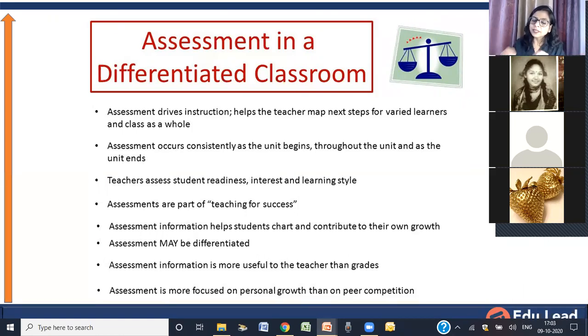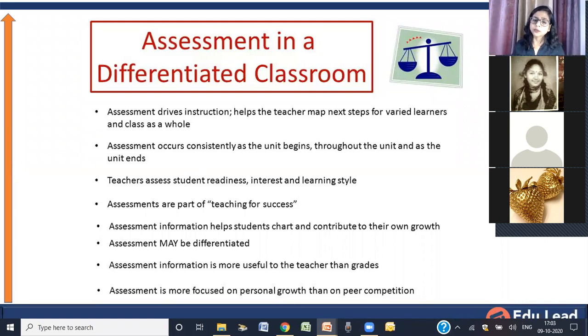If you see the Cambridge lesson plan, for every small thing the teacher is doing, there is a simultaneous column of how you are assessing, which means that with everything you are doing, you have to tell whether you are doing some kind of assessment. So it is something which is happening throughout your lesson.